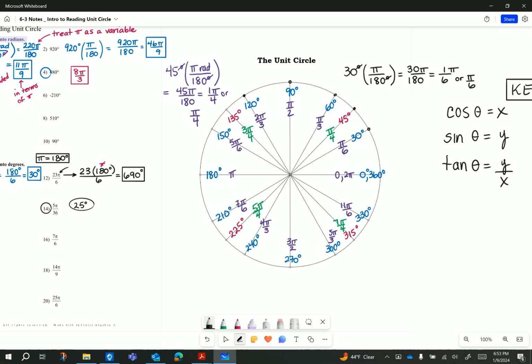Okay, each one of these dots are the endpoints to a part of your right triangle, and they have lengths that are going to be associated with X and Y coordinates. Okay, so I'm going to show you a shortcut on how to come up with those coordinates. So like I said, take a break, pause the video here, and come back.